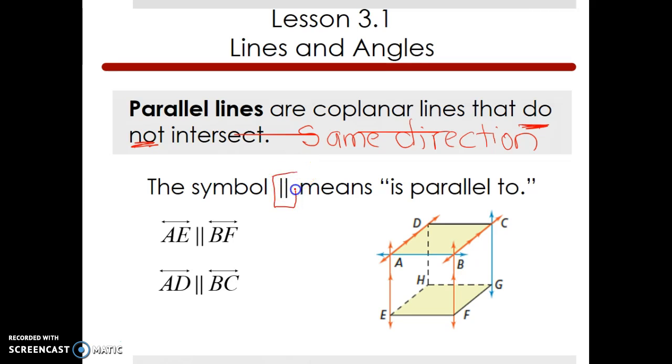This is the symbol for parallel. So in the picture, for example, AE, so this line, is parallel with line BF. So if you see, they do not intersect and they're going in the same direction.